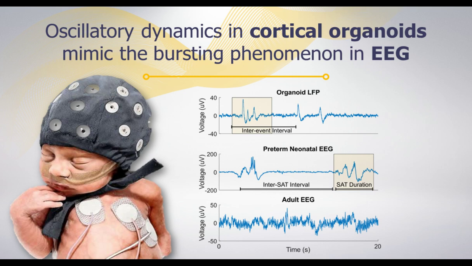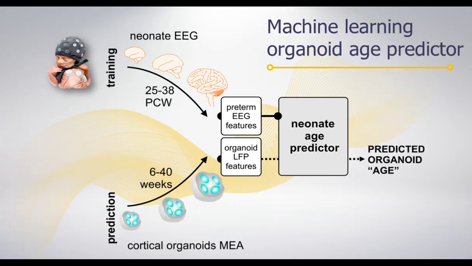So we decided that this would be some of the features from the EEG that we could perhaps compare with our organoids, and the way we decided to do that was by training a machine on several EEG features or parameters, such as quiescent time or frequency of the transient activities. To do that, we were able to collect EEGs from neonates between 25 and 38 post-conception weeks.